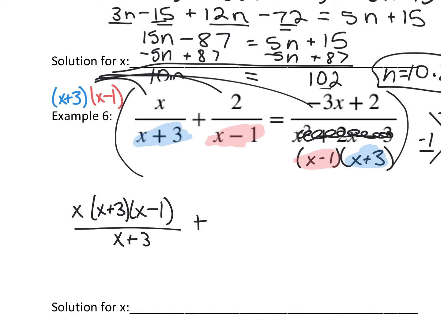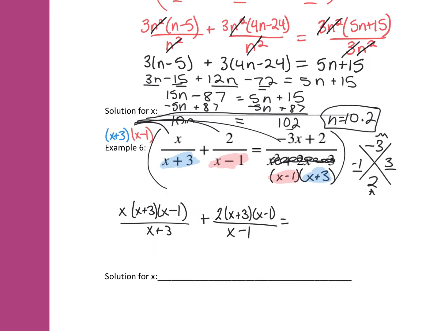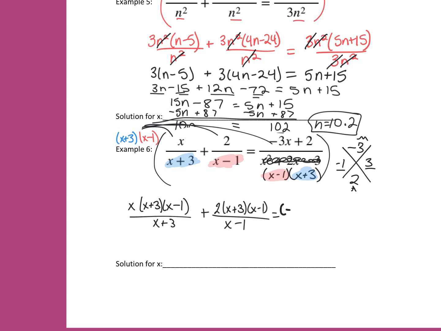Keep my plus sign. 2 times x plus 3, x minus 1, over x minus 1 equals, here we go, negative 3x plus 2, which is a binomial, so we'll leave it in parentheses as well.